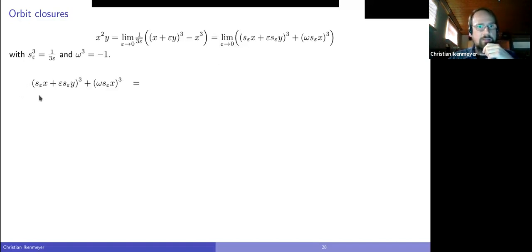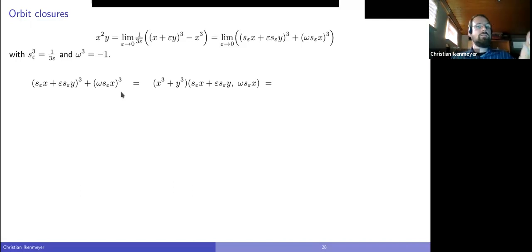I can say, okay, this sum of cubes here is really just this polynomial here, x cubed plus y cubed, evaluated at these two linear polynomials, right? You plug in this for x, you plug in this here for y. It's an evaluation of this polynomial.